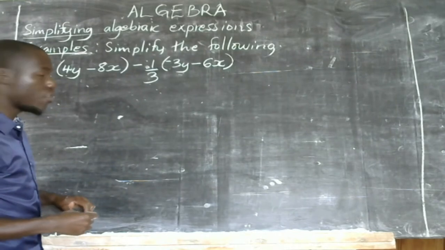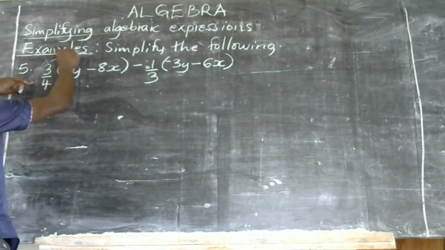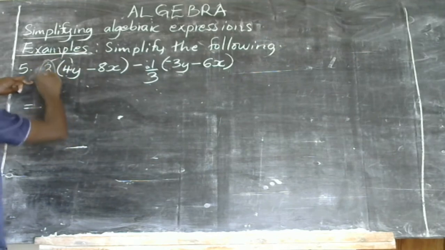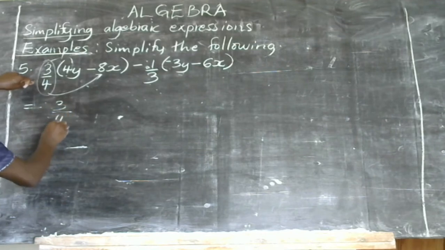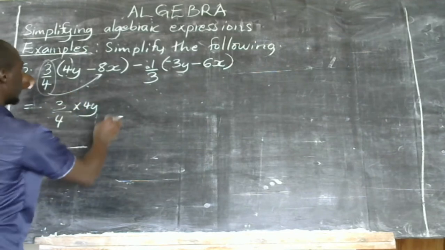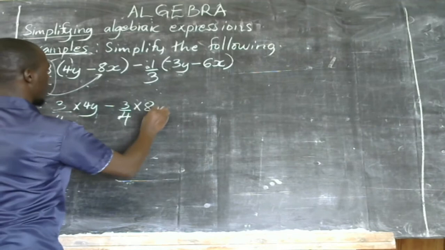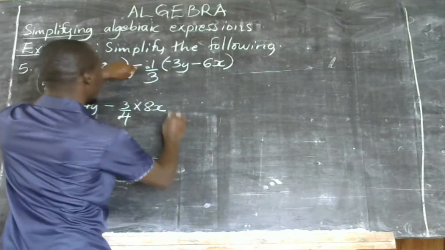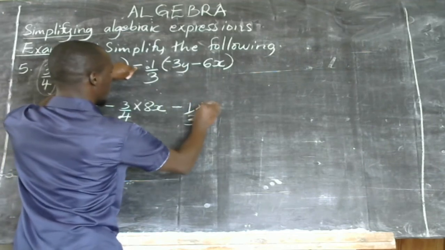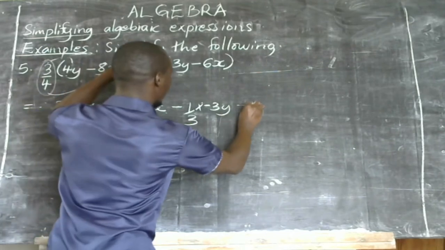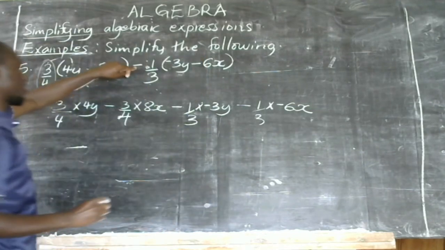Another person can first open the brackets here. That is this fraction times that there, and then that fraction times that one there. So 3 all over 4 times 4y, then minus 3 all over 4 times 8x. Then even here, negative a third times negative 3y, then minus negative a third times negative 6x.